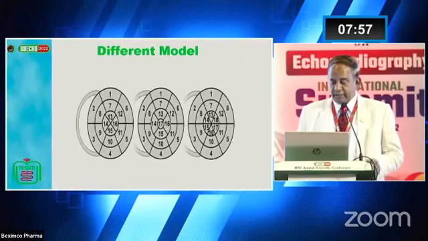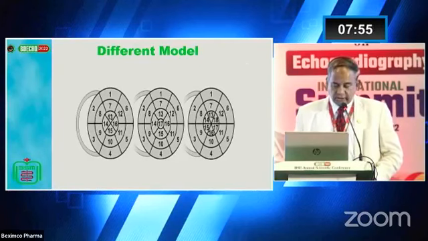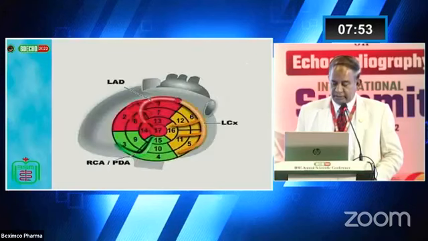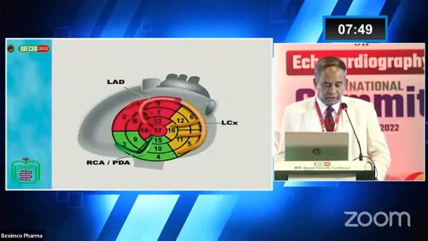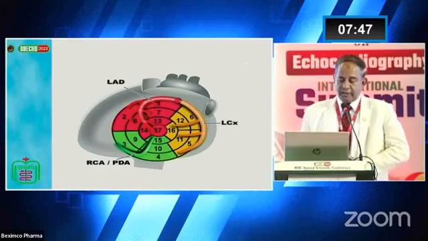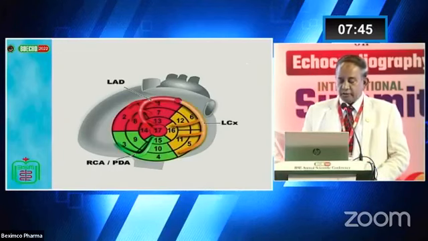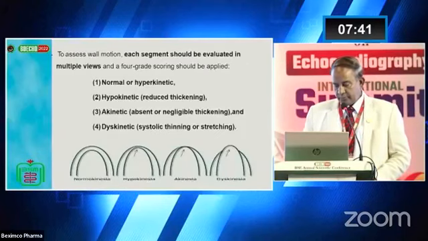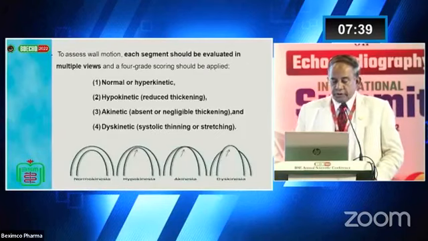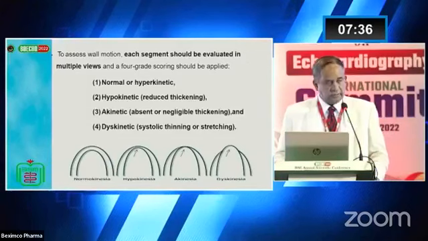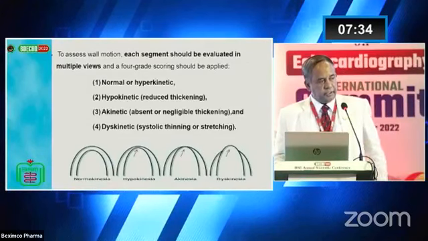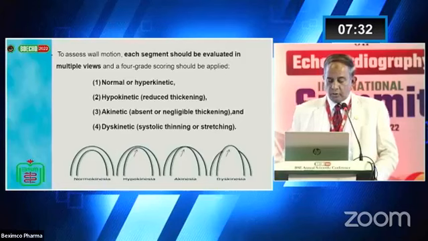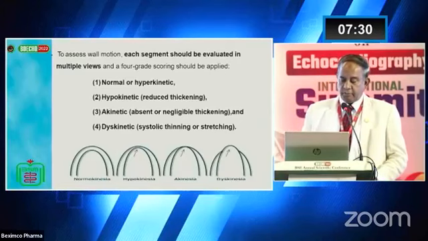There is segmental distribution, as already said by our previous speaker, and this is what is important for us as intervention cardiologists. This segmental distribution is related to particular coronary arteries. By seeing the wall motion abnormality, we can assess which territory and which vessel is involved in the ischemic heart disease.